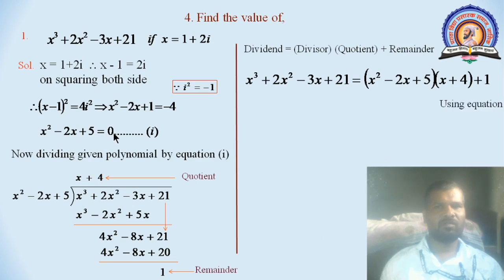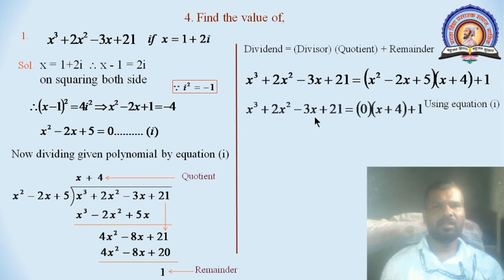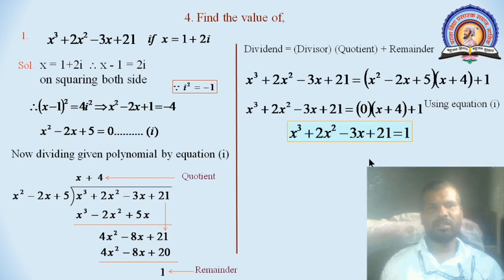So using equation 1, put that value, you will get 0 into (x plus 4) plus 1. So 0 into (x plus 4) is 0, 0 plus 1 is 1. Therefore, the value of x cube plus 2x square minus 3x plus 21 is equal to 1 if x is equal to 1 plus 2i.